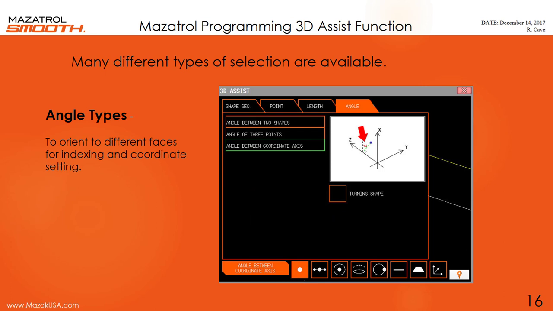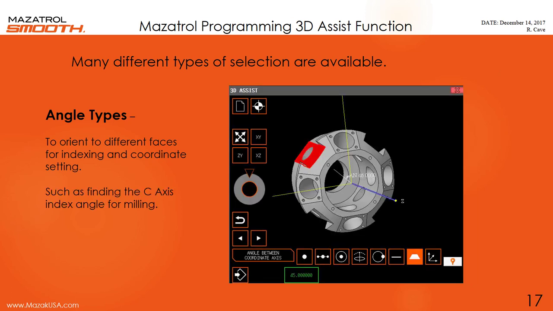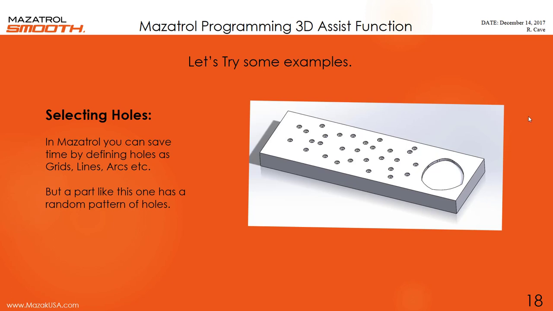Angle types are used to find the angle between two shapes, 3 points, or the angle of rotation around an axis. In this particular case, to get the C-axis location of the flat on the outside of the part, all I did was select the Z-axis and the flat of that part, and that tells me the angle around the Z to get to that flat.